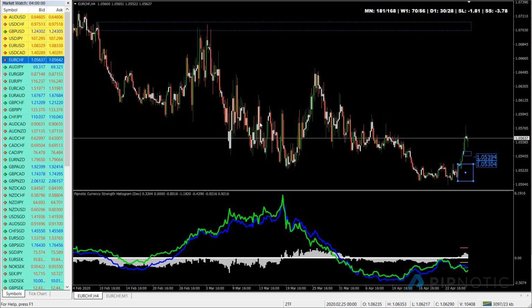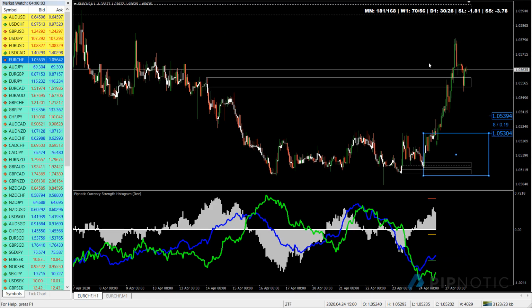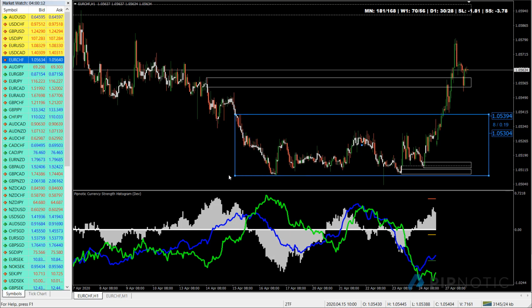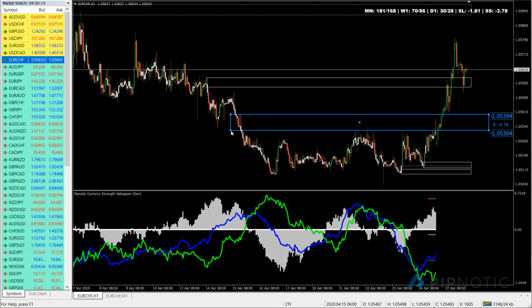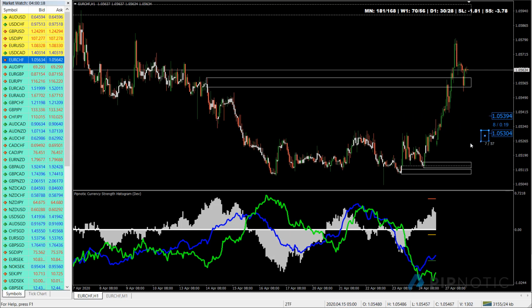If we go to the smaller time frame, let's look at the hourly chart. We need to find a nice area that's interesting for us, and you can see these little areas just here. It all originated from something in here.